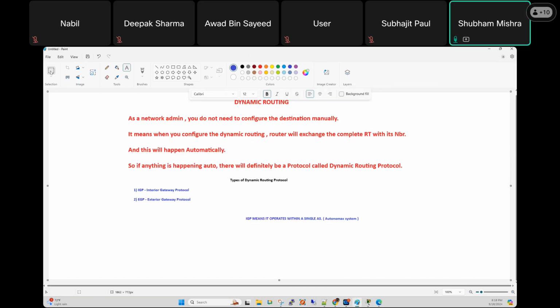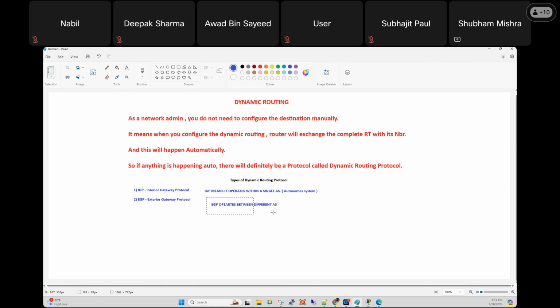So what I write, IGP means IGP operates within a single autonomous system. And what do you mean by EGP? EGP operates between different AS, and that is called EGP. Everyone, do you guys understand?